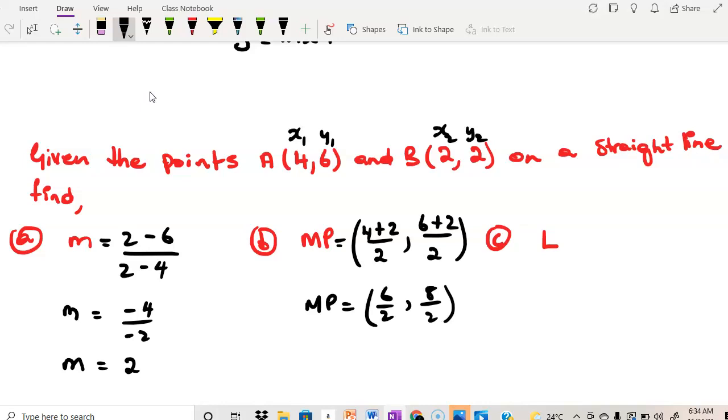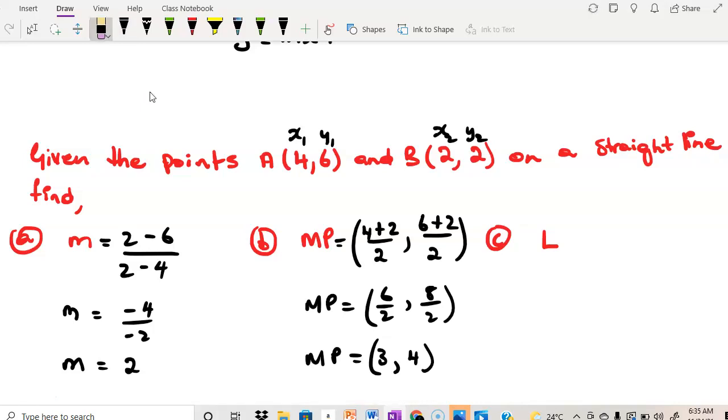So we have our x and y coordinates there. 6 divided by 2 is 3 and 8 divided by 2 is 4. So our midpoint, guys, is where x is 3 and y is 4. Amazing.